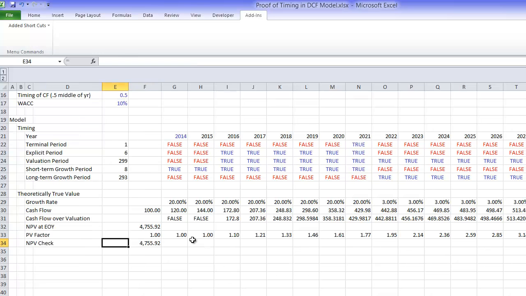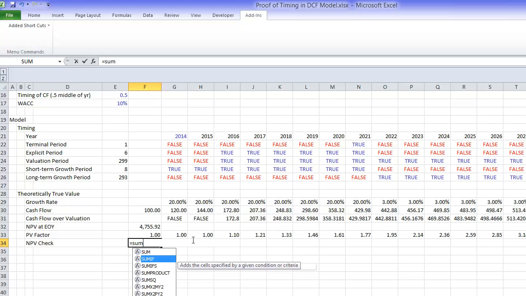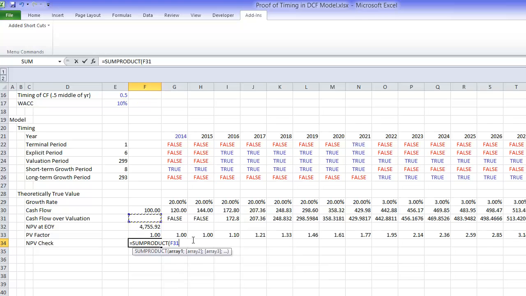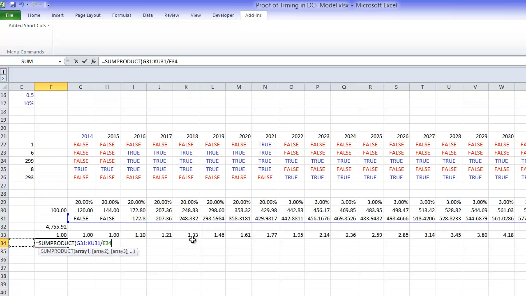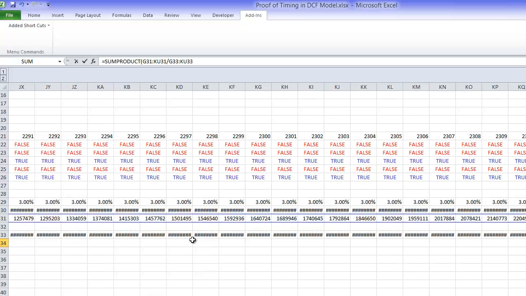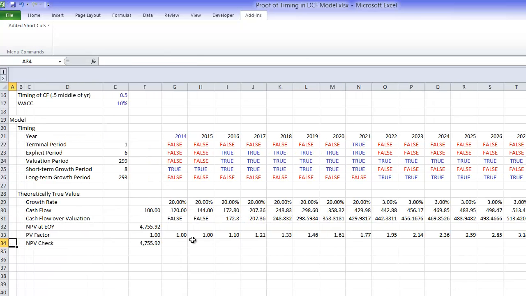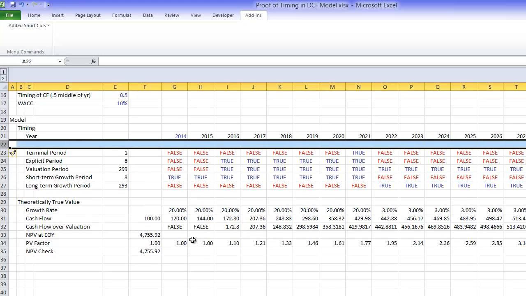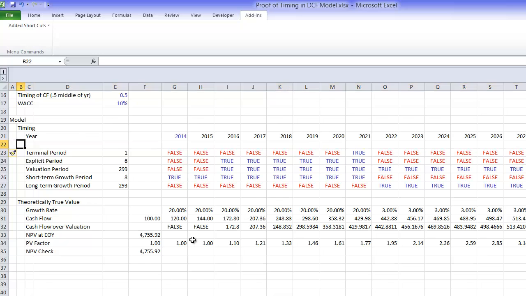I just made a little mistake here. This should have been the sum product, cheated by the way, of this number divided with the true false things divided by this. All this does is demonstrate you can do the same thing with the sum product. Now, here's what we should have really done is let's put a counter.